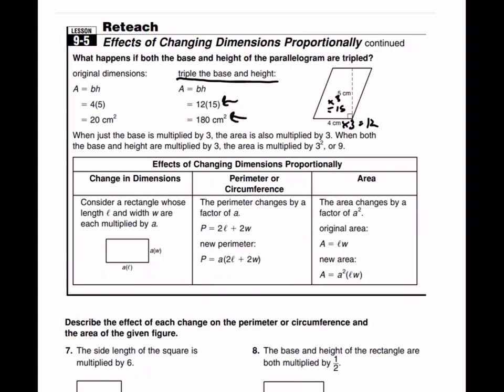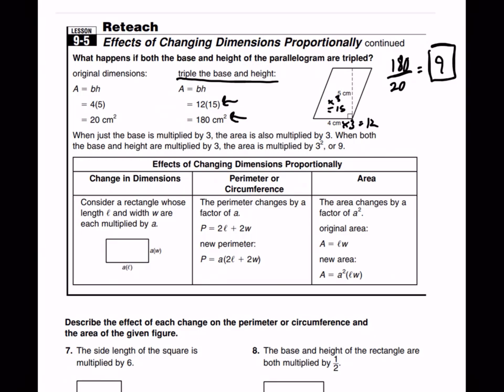So last time we got 60, which was 3 times 20. This time, if I divide this out, 180 divided by 20 gives me 9, and it says that down here. Notice the area is 9 times bigger, right? 9 times 20.